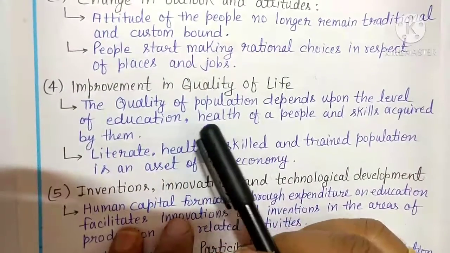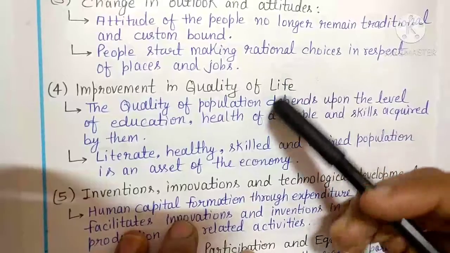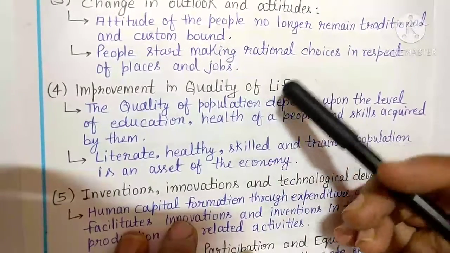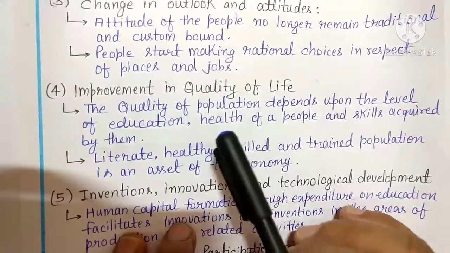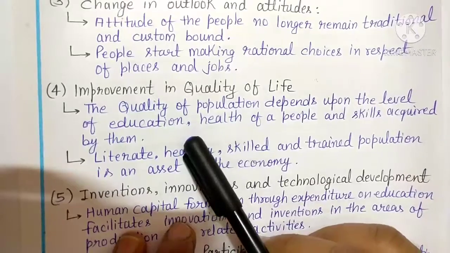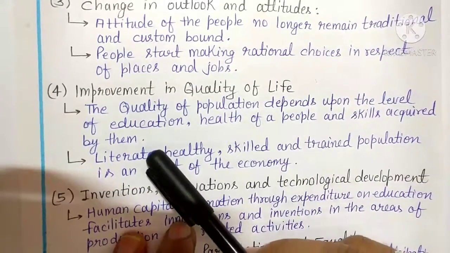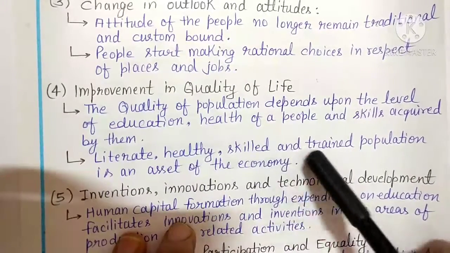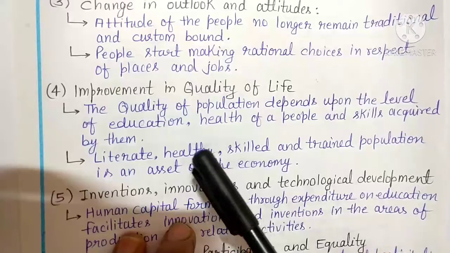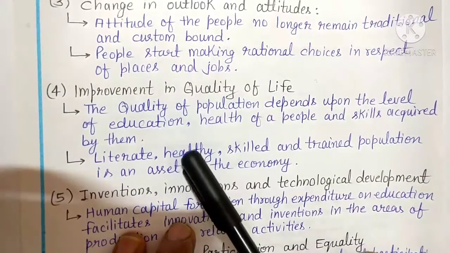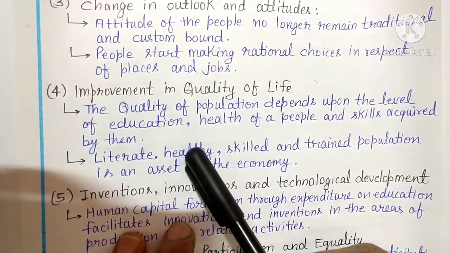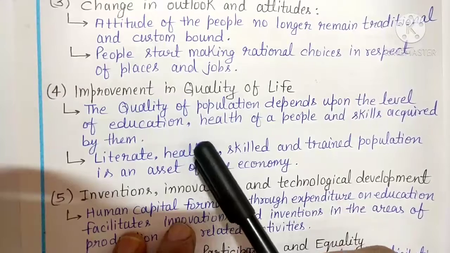Then comes improvement in the quality of life. With change in outlook and attitude, they get higher salaries, so definitely it will improve the quality of life they are living. It depends upon the level of education, health of people, and skills acquired by them. If you do not get proper education, you will remain unorthodox, or your attitude will remain traditional.